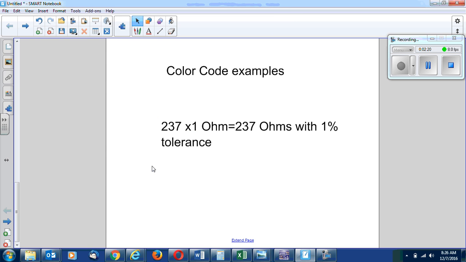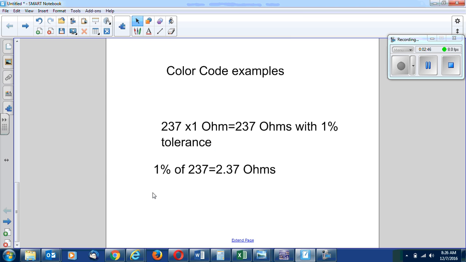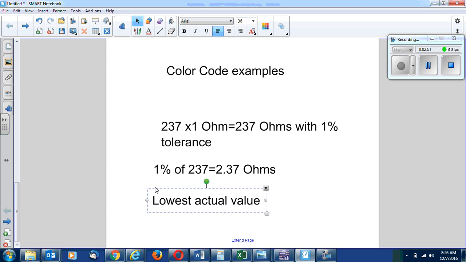Okay, well now let's actually compute the region in which this resistor value can possibly be. First I need to find out what is 1% of 237. Well, this is just 237 divided by 100, so it's 2.37 ohms. Now I'm going to find the lowest actual value. This is ideal value minus tolerance.